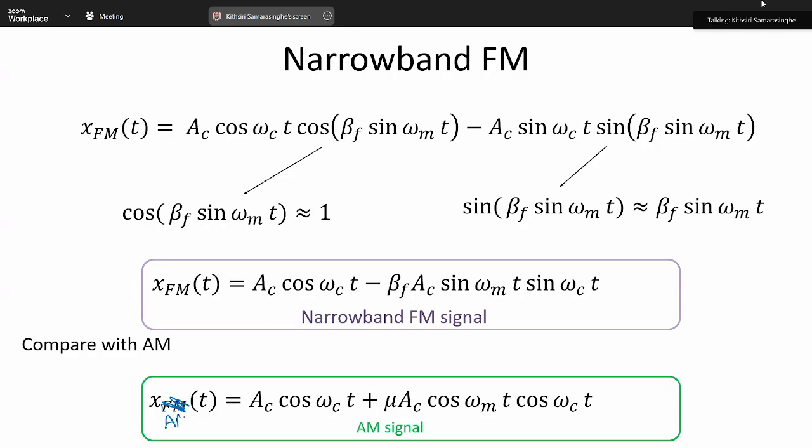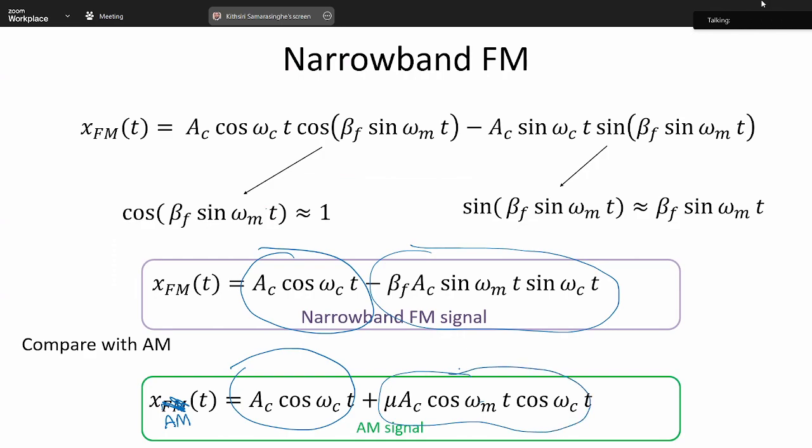The single tone AM signal we derived earlier is written below. The FM signal is written above. Just draw a comparison. Can you see the carrier component here? And can you see the two sideband components here? Two sin A sin B here, two cos A cos B, identical. So they look very similar.